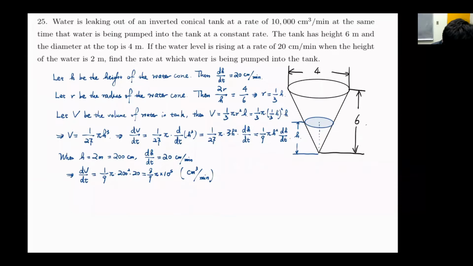All right, let's now see what we want. We want to figure out the rate at which the water is pumped in. So let P be the rate at which water is pumped in.